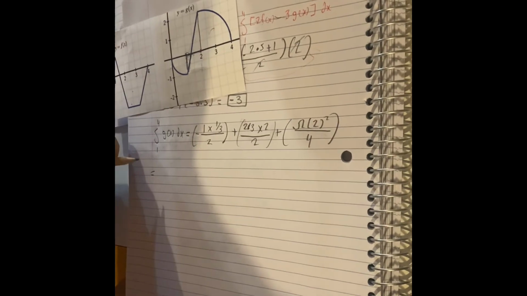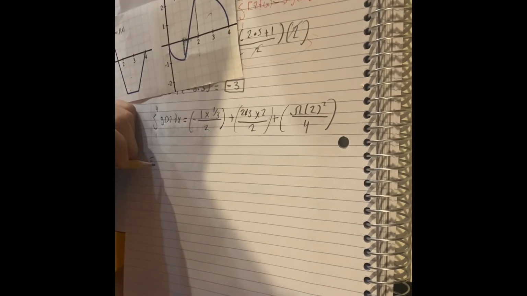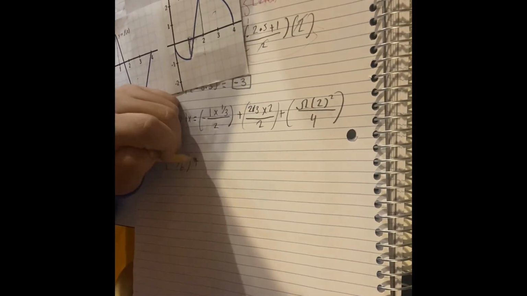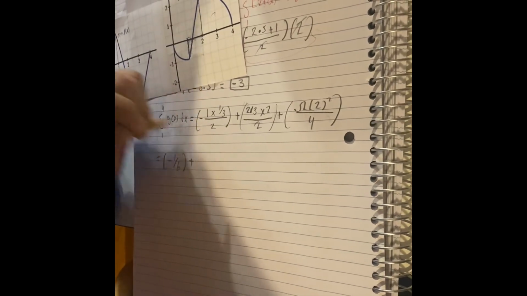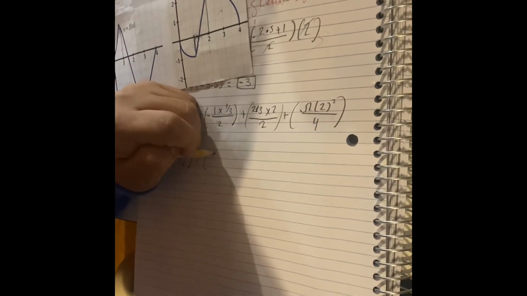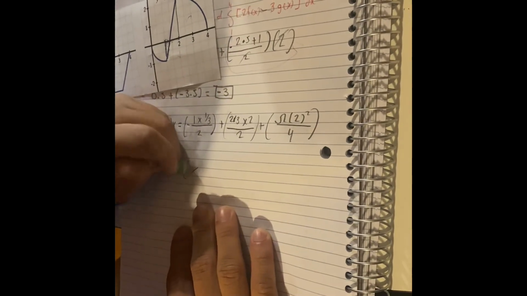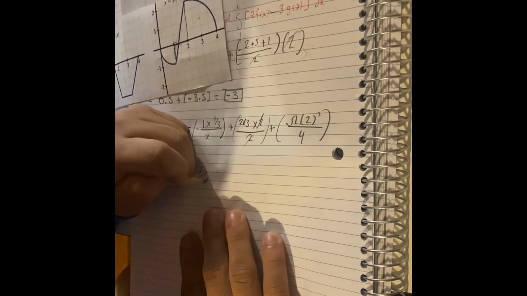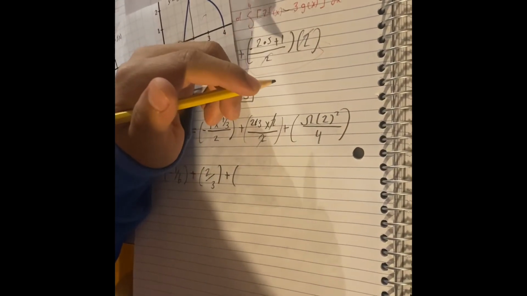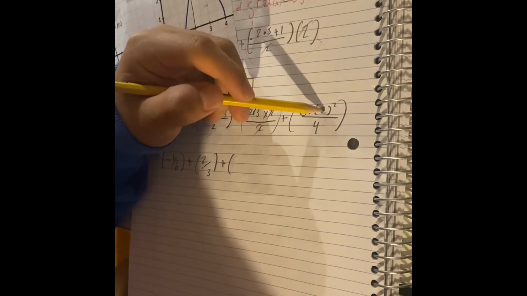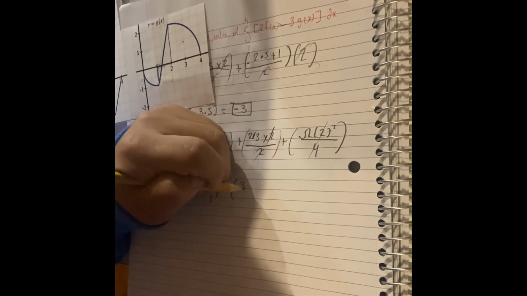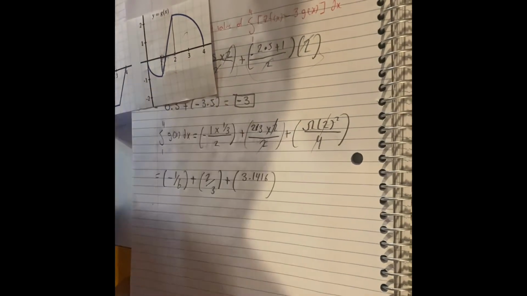Adding all this up, we're gonna have -1/6 plus 2/3, because we cancel all this. 2 squared is gonna be 4, so we cancel this, and this is gonna be pi, which is equal to approximately 3.1416.